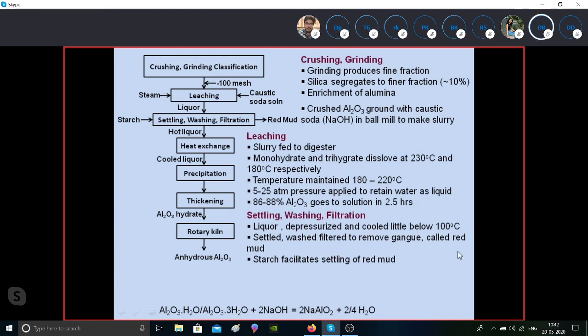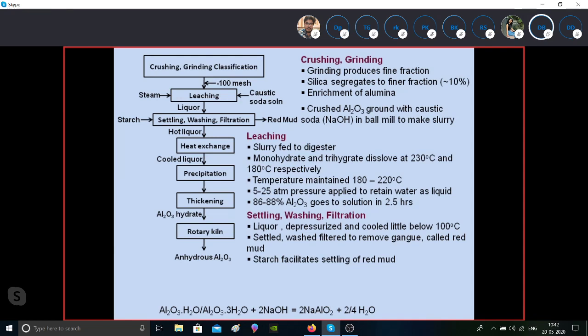Whatever comes out is called the red mud. Red mud basically contains iron, titania, part of alumina, and SiO2. This becomes one of the important resources of TiO2. During settling, if we add a certain amount of starch, it facilitates settling of red mud. So we get a fairly clear liquid.